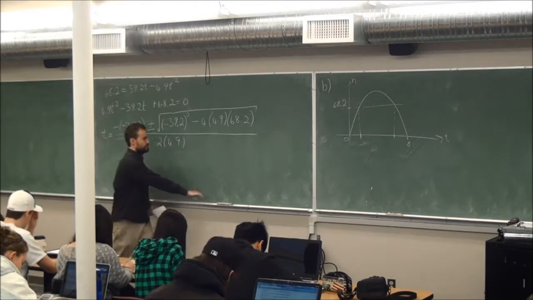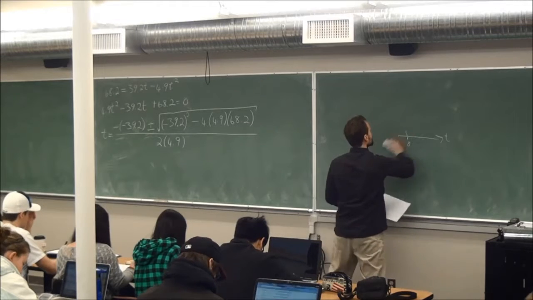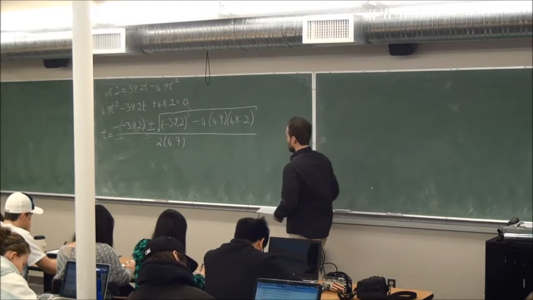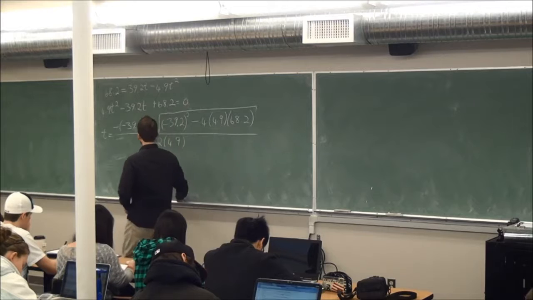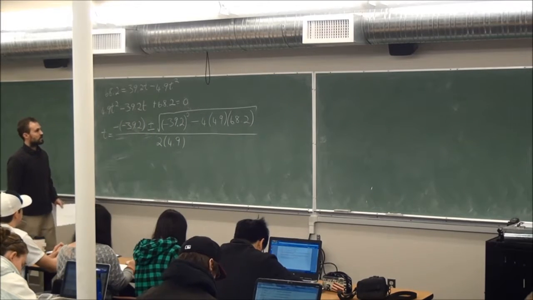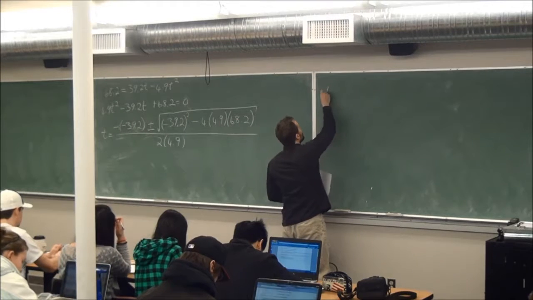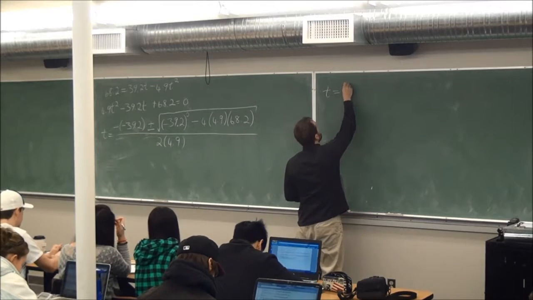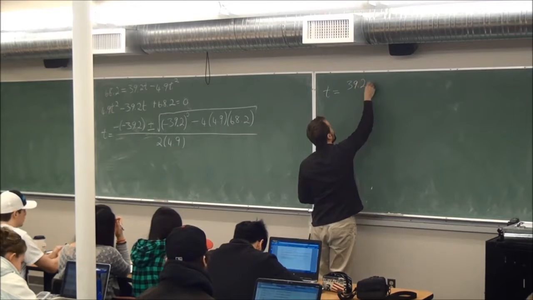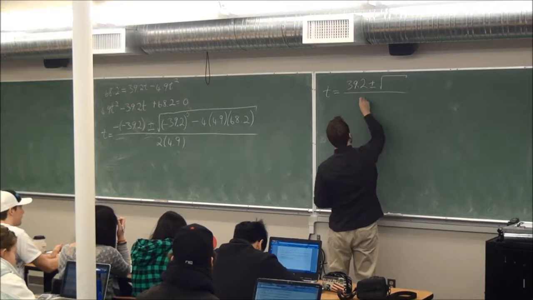All right. I just make mistakes if I try to do this in one go on the calculator. So I'm just going to calculate the inside of the square root first.